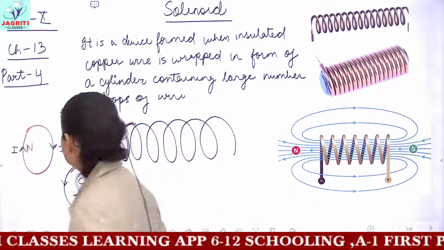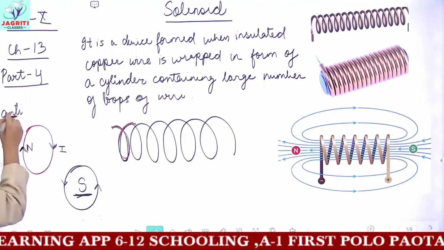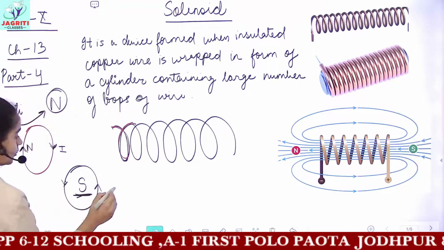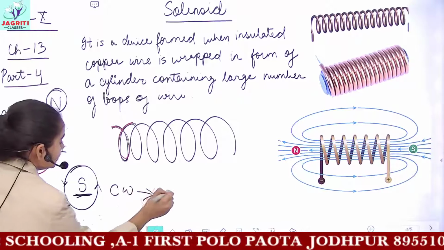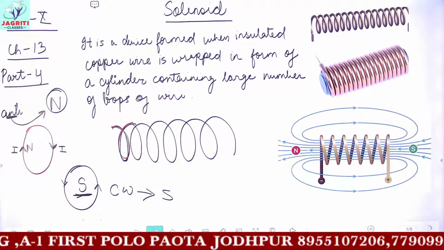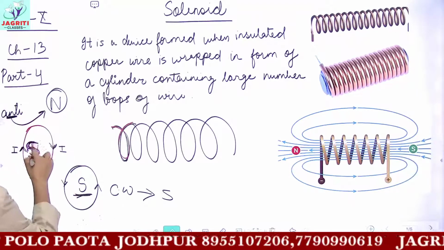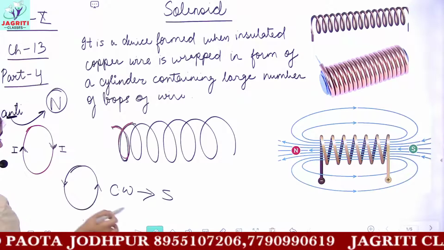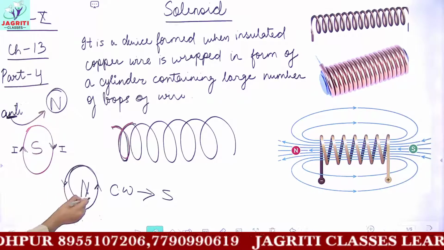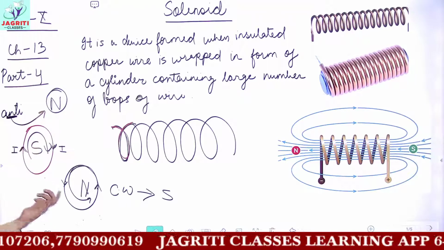So remember, anti-clockwise means a north pole would be created, and if you have clockwise direction, then a magnetic south pole would be created. This you have to remember. Here you would have a south pole and here you would have a north pole: north because the direction is anti-clockwise and south because the direction is clockwise. I hope this is clear.